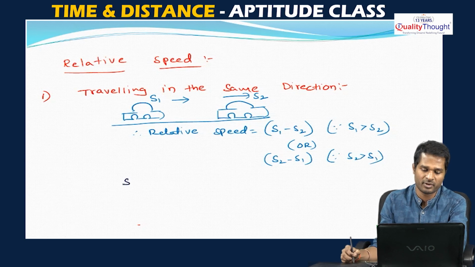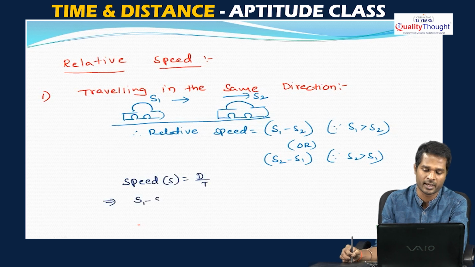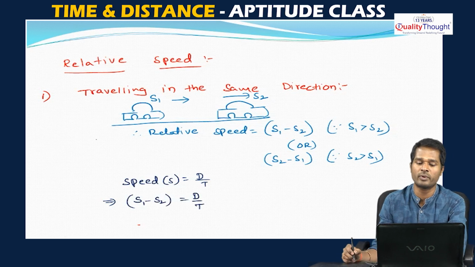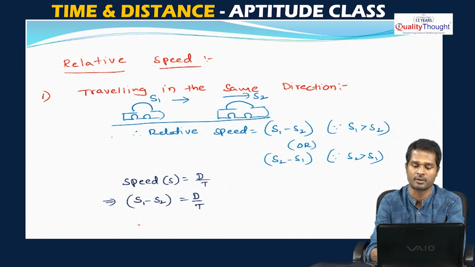So speed s is equal to distance by time, but in this case the relative speed is, for example, s1 minus s2, so it will become s1 minus s2 is equal to d by t. This is when two vehicles are moving in the same direction.